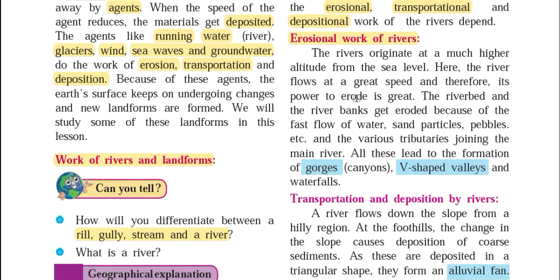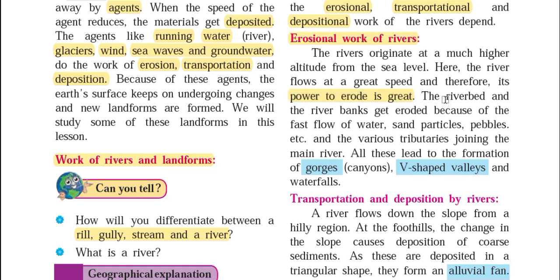When a river flows from mountainous regions, the slope of the terrain is very steep, so the speed of the flow is very high and it erodes a large part of the rock structure. That's why we can say the power of erosion is great in that region.